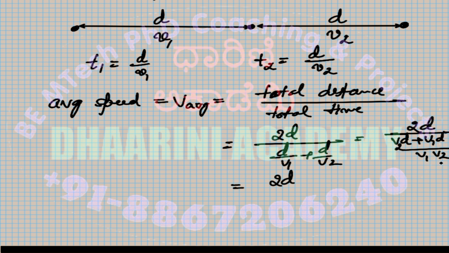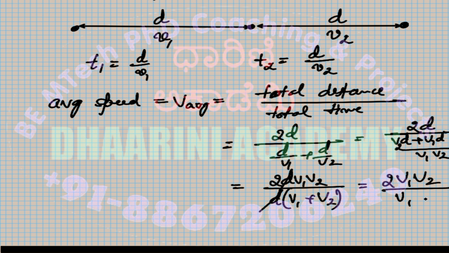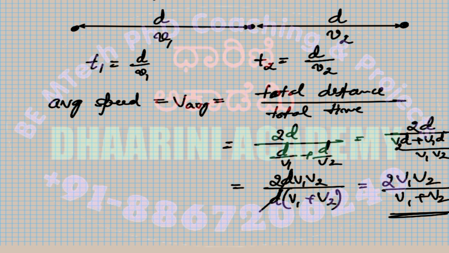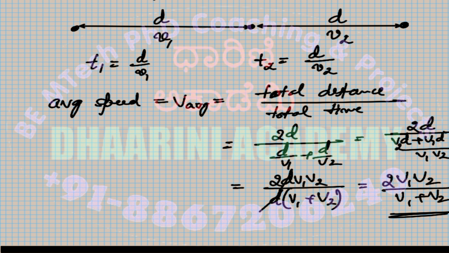So 2d, denominator of denominator goes to numerator as v1 v2 divided by, d common, v1 plus v2. So you can see d cancels. So average speed is nothing but 2 times v1 v2 divided by v1 plus v2.